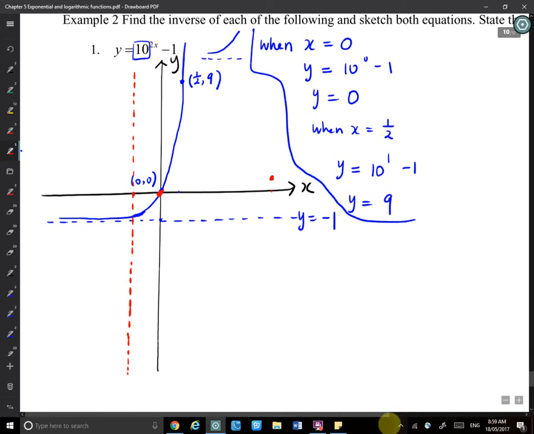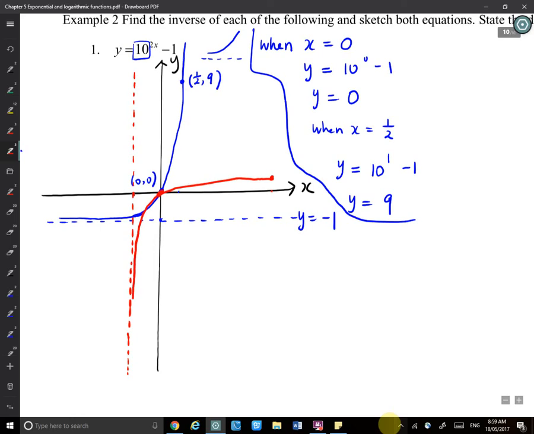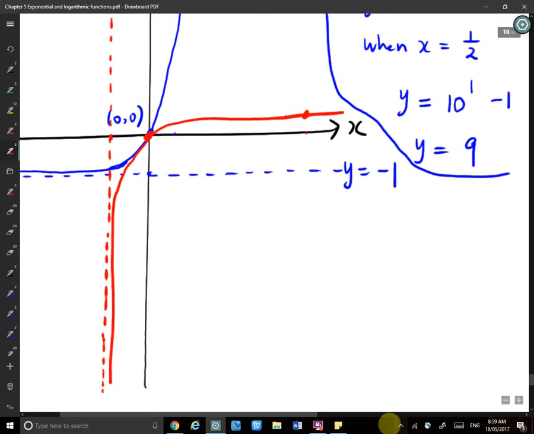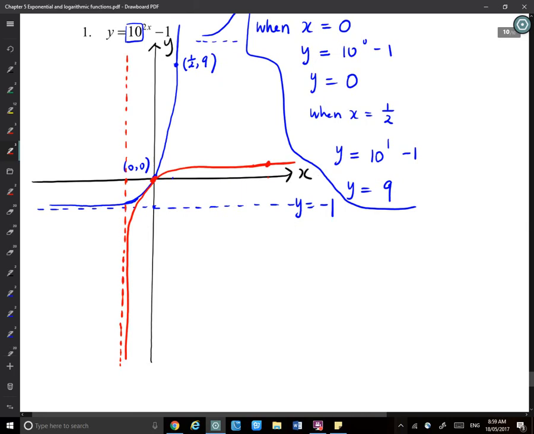So your graph should look like that. Your graph definitely shouldn't touch here. You touch at the point (0, 0).